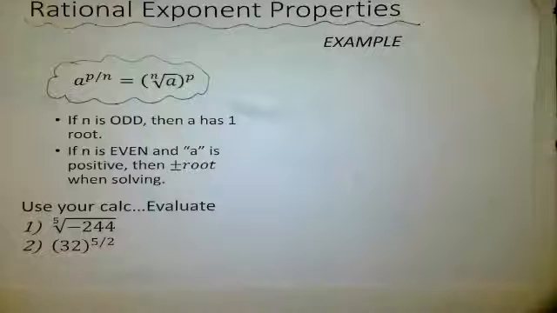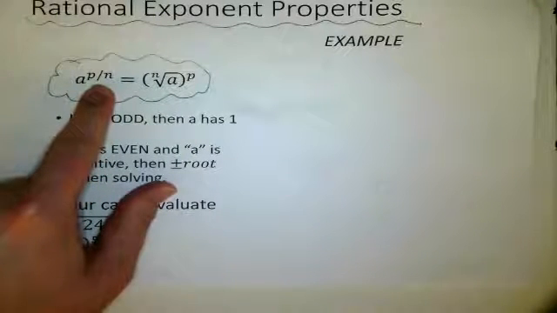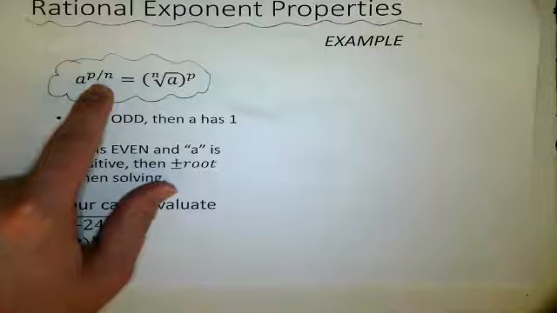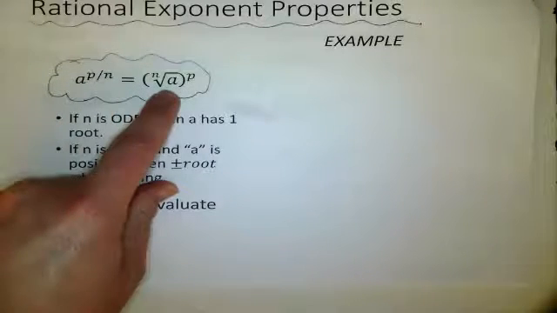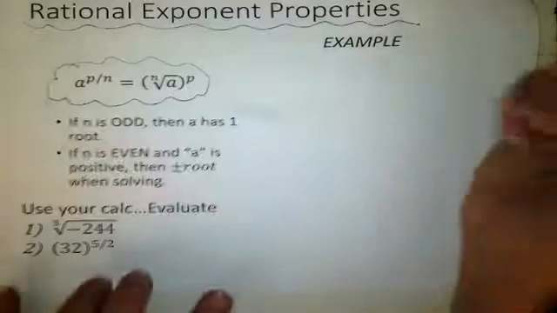Integers are positive and negative whole numbers, so they were nice looking numbers. But it turns out that we can have rational, fractional exponents, and rational exponents are actually roots and powers. So I'm going to give you an example.